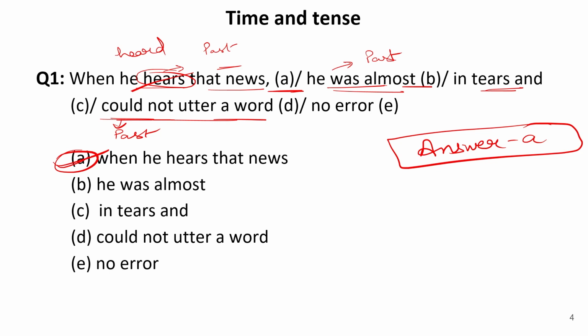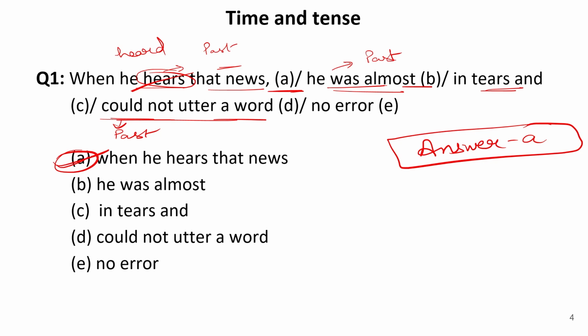You are just selecting the particular part which, by your intuition, may contain an error because it doesn't match with other parts of the sentence. Therefore, our answer is A. Even if you do not know what should be in the place of hears, you have to mark only the part that contains the error.